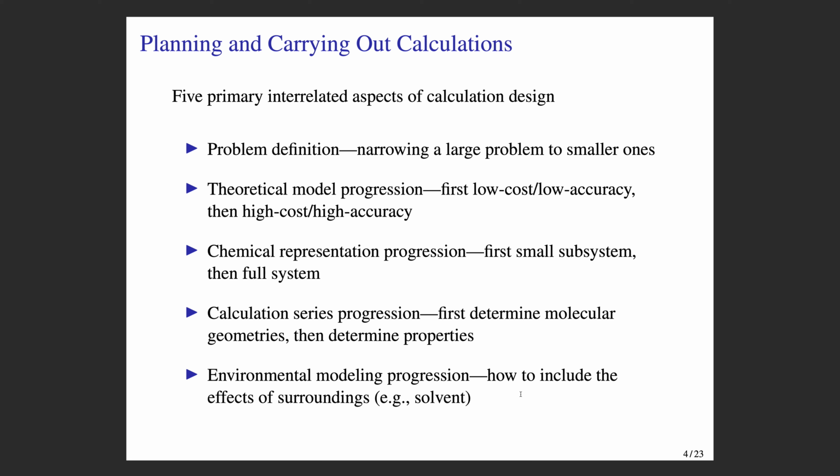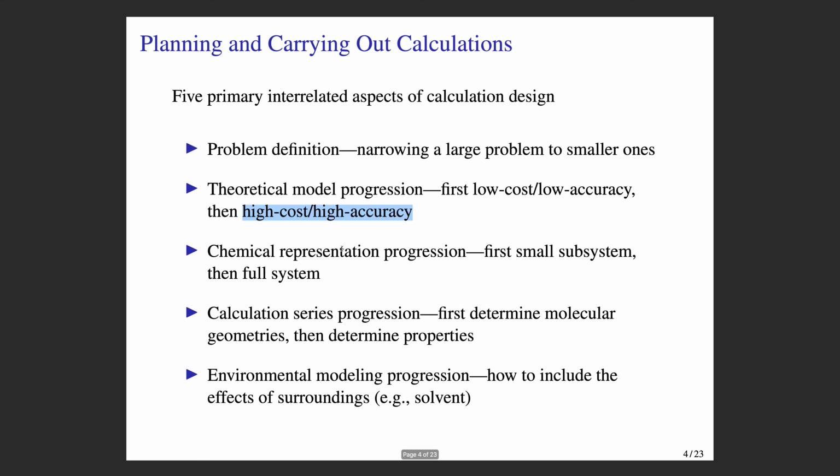So you would start typically with a low cost, low accuracy method, and then you would gradually increase the accuracy of that method by swapping out for more and more accurate methods that cost more time and computer resources to deal with. So you will often start with a low cost, low accuracy calculation, and then work your way up to a high cost, high accuracy calculation.